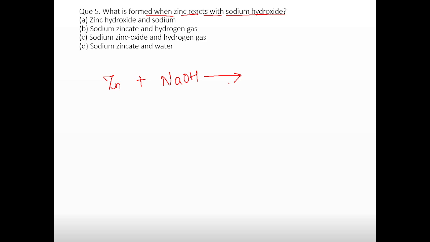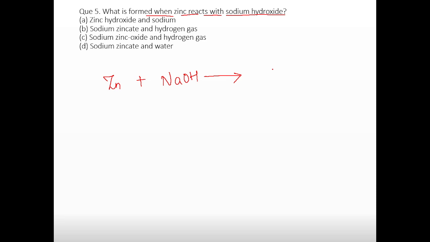So zinc will react with the base, forming sodium zincate. Let's check how it is formed. The reaction is very simple: Na2ZnO2 is formed by releasing hydrogen gas. Is this clear? So there will be formation of sodium zincate.